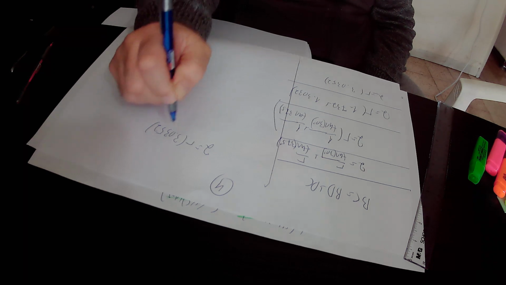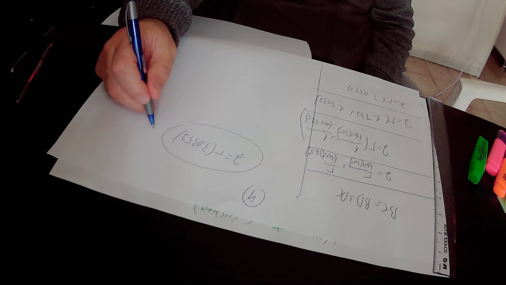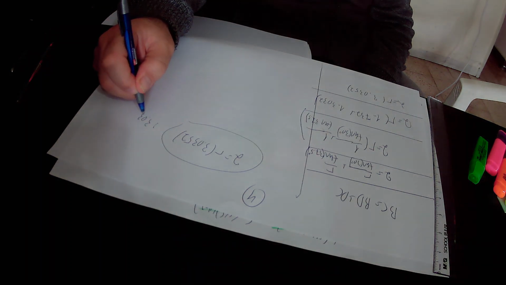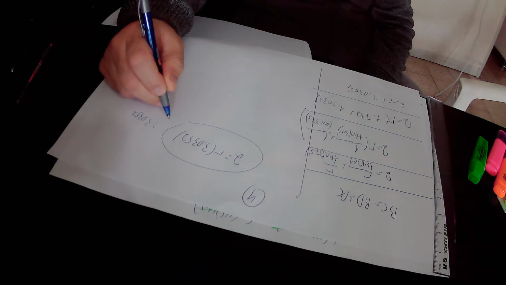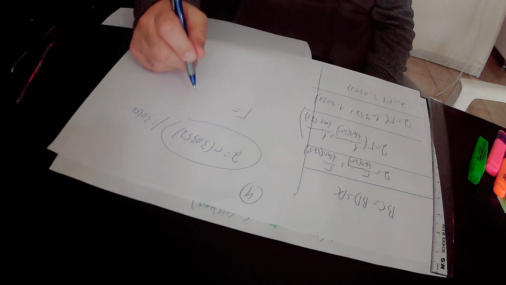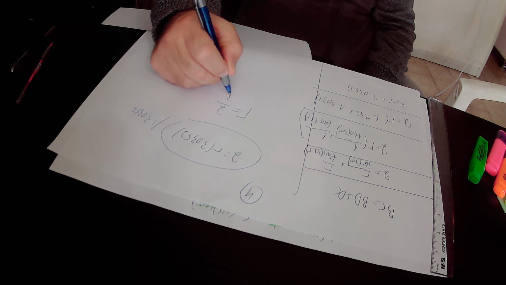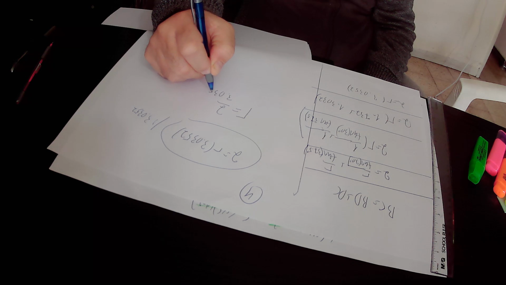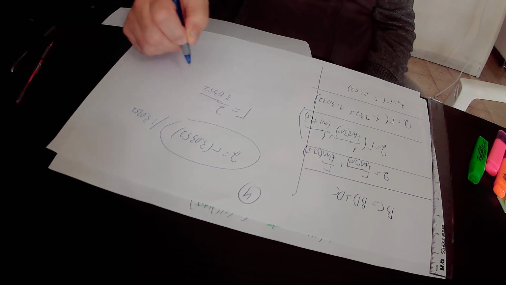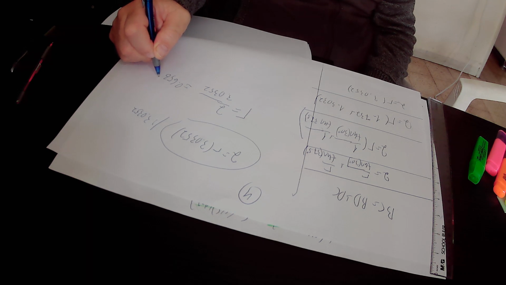Here we will divide this equation by 3.0352, and finally we get that R, the radius that we are looking for, equals 2 over 3.0352. 2 over 3.0352 equals 0.6589 units.